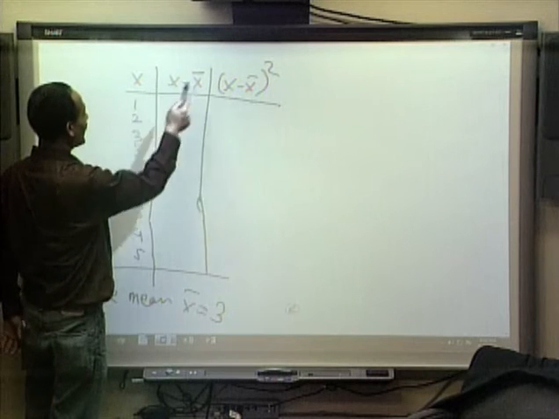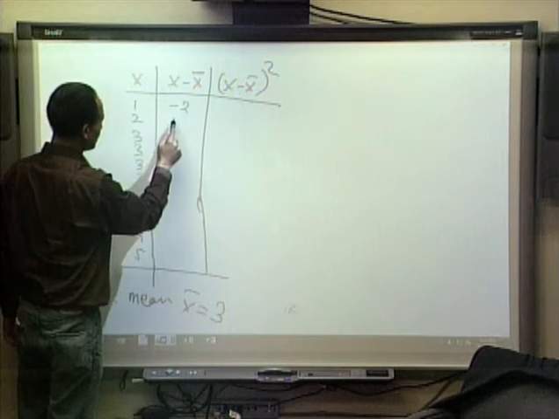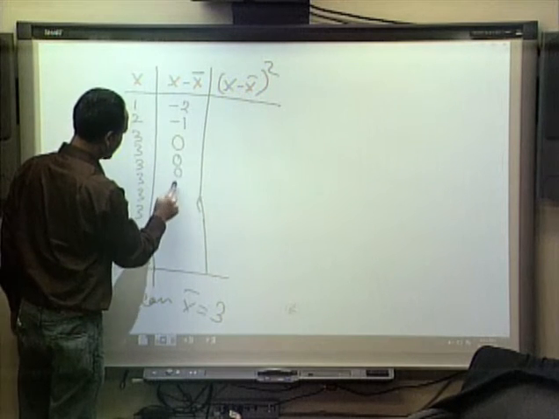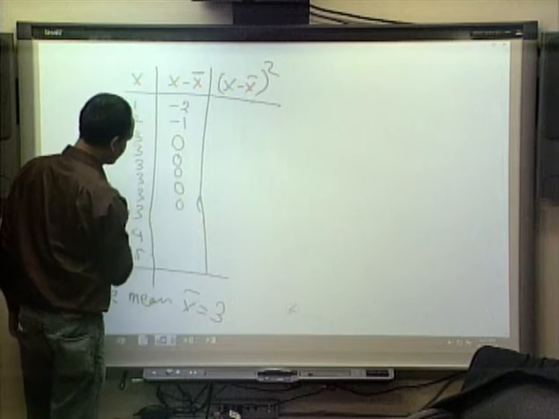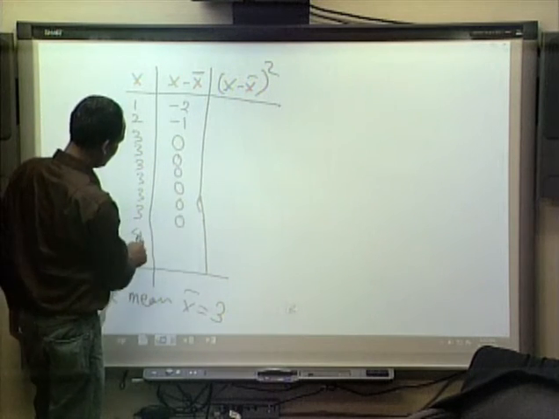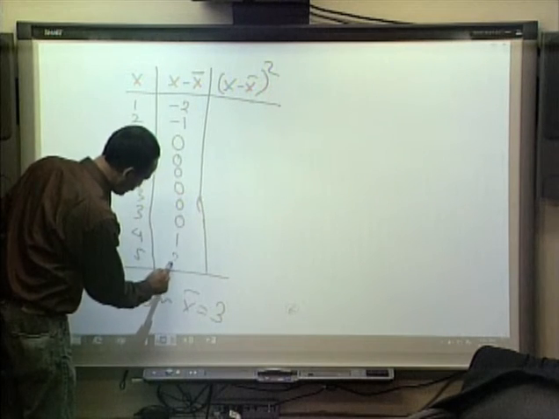So here as before, 1 minus 3 is negative 2, 2 minus 3 is negative 1, 3 minus 3 is 0, and so on for all the 3s, then 4 minus 3 is 1, 5 minus 3 is 2.